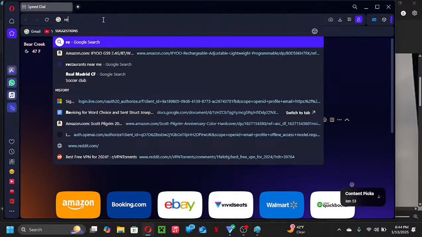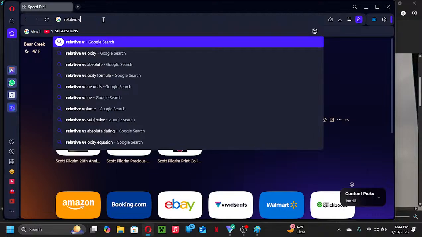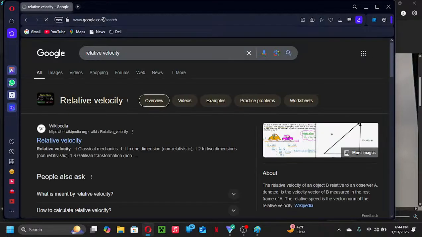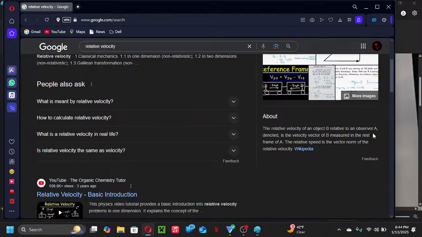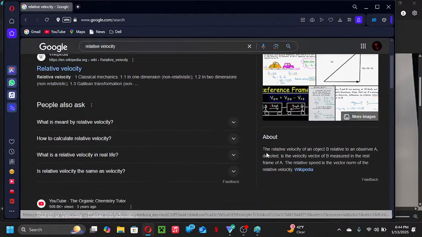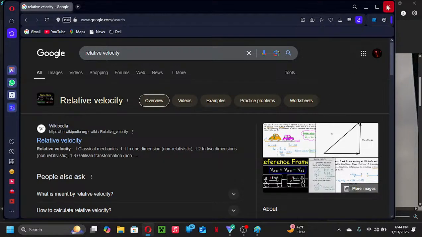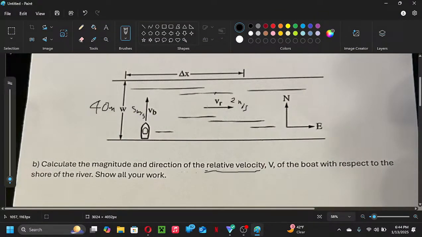Relative velocity. Oh, it's just in reference to frame A. Okay, okay. Let me just shorten that. The relative velocity direction of the relative velocity v with respect to the shore of the river.